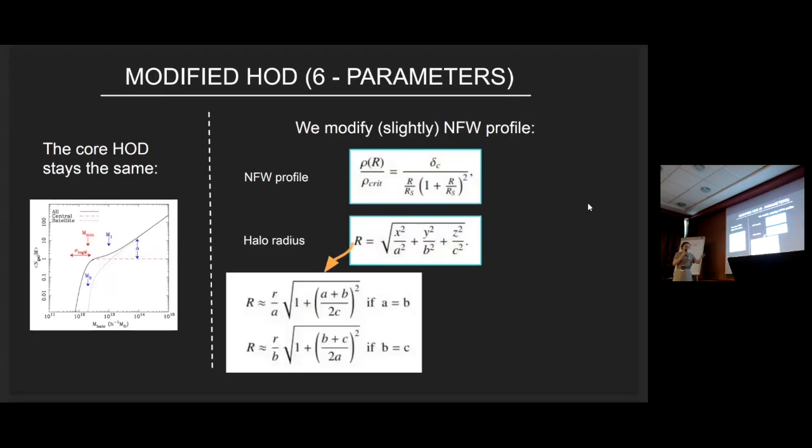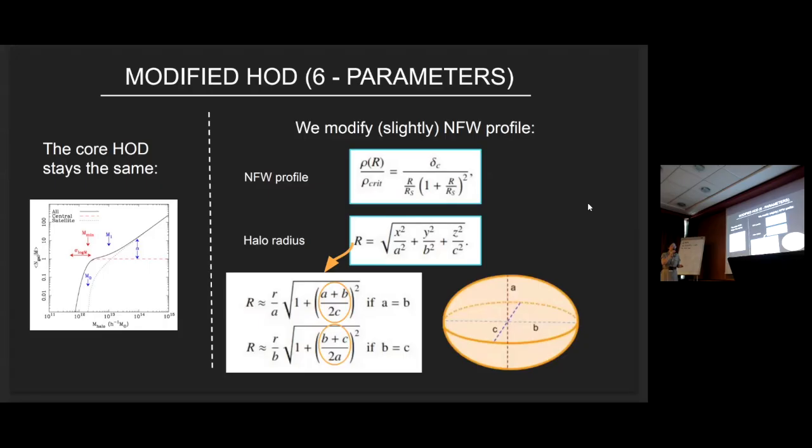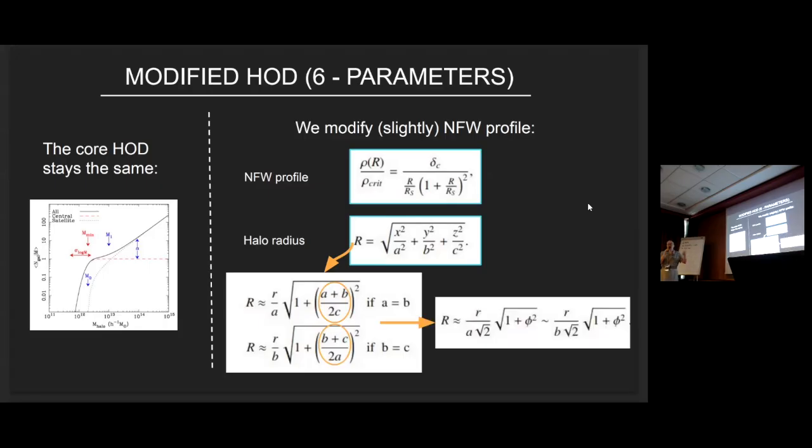If you do some algebra, you can change it to this side, but you're still staying with the values of the axes of the ellipsoid. So you can just assume that this is going to be your parameter phi. So just combine them all together and see. Your phi is literally describing the deviation from spherical symmetry.